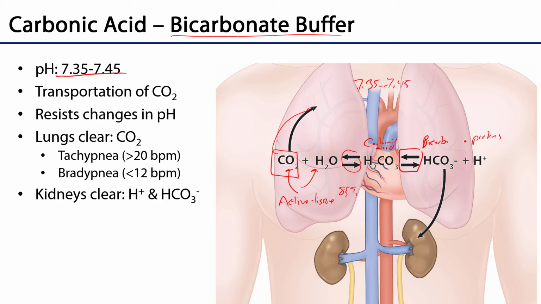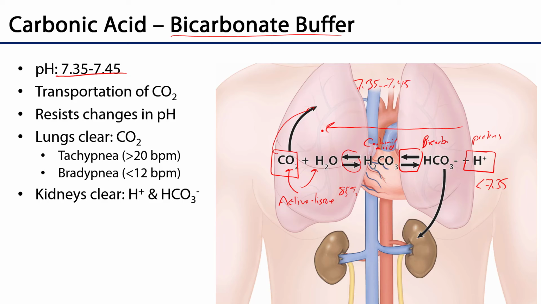So, for instance, whenever there is an overabundance of protons, or whenever blood is going to be below 7.35, so acidemia, this reaction can shift that way, more towards producing carbon dioxide. And that carbon dioxide can be expelled from the lungs with faster breathing.